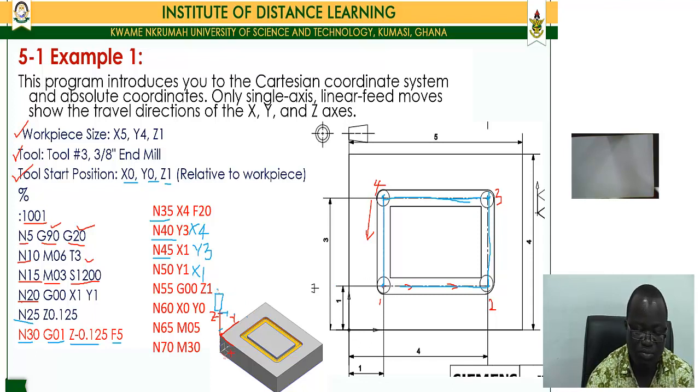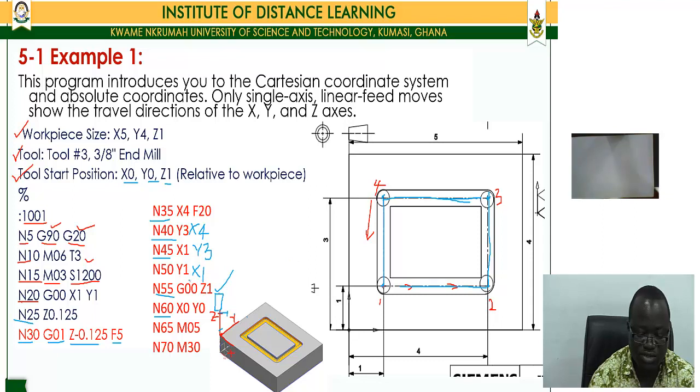G00 is a rapid feed to z equals 1. So it moves the tool up to z equals 1, because we say all the positive z movements are away from the block surface. So that is z equals 1. Then we have the final movement, which is N60, which is moving the tool to x0 y0.